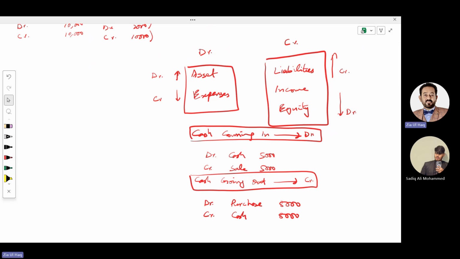Expenses have debit nature, so an increase is a debit and a decrease is a credit. Liabilities, income, and equity have credit nature, so a decrease will be a debit, which is against the nature. If cash is coming in, we will debit cash and credit the other account head. If cash is going out, we will credit cash and debit the other account head.